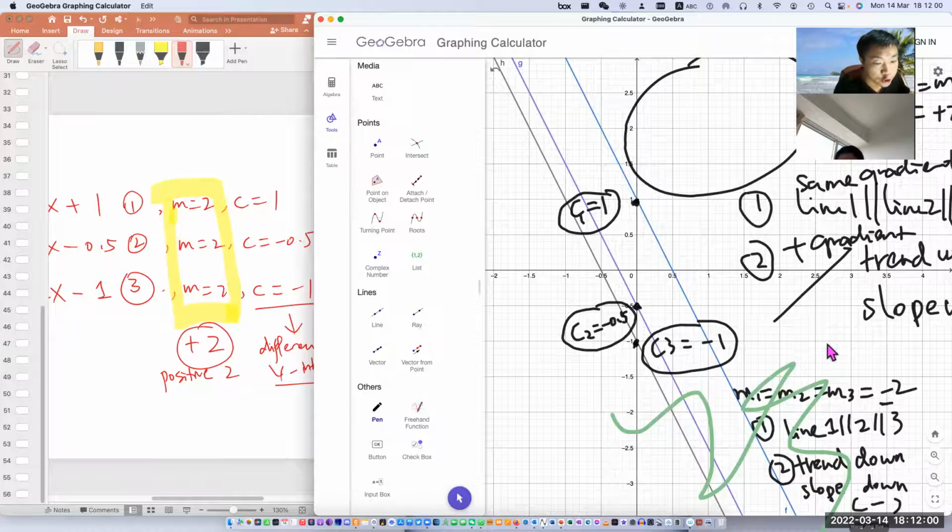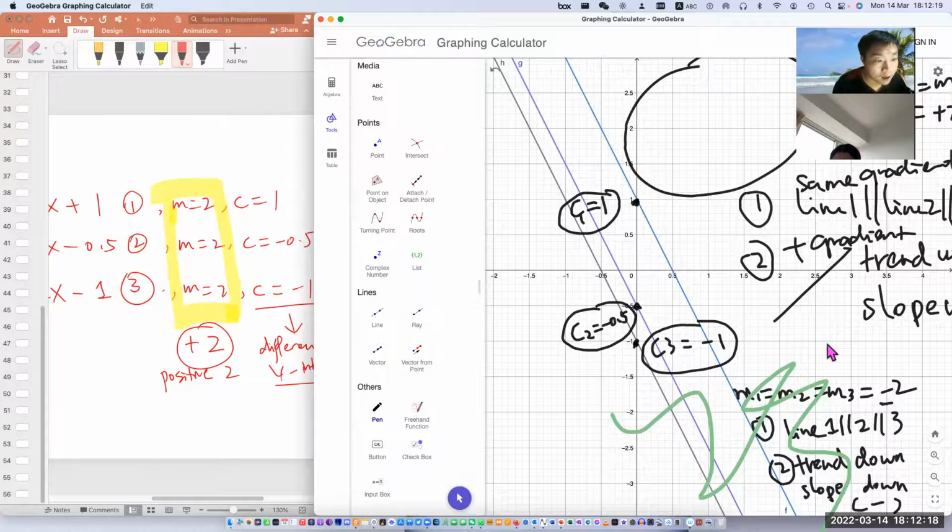If you change the sign of the gradient: positive gradient, slope upward, trend up. Negative gradient, trend down, slope down.